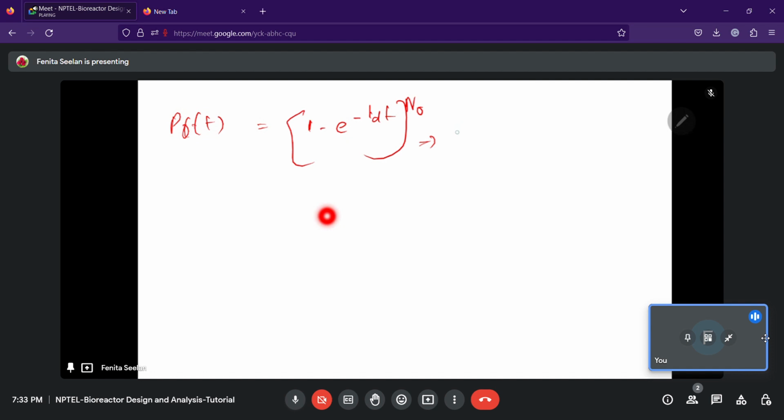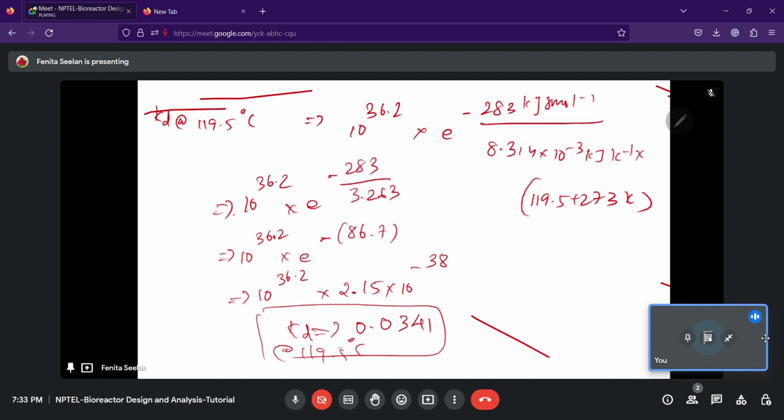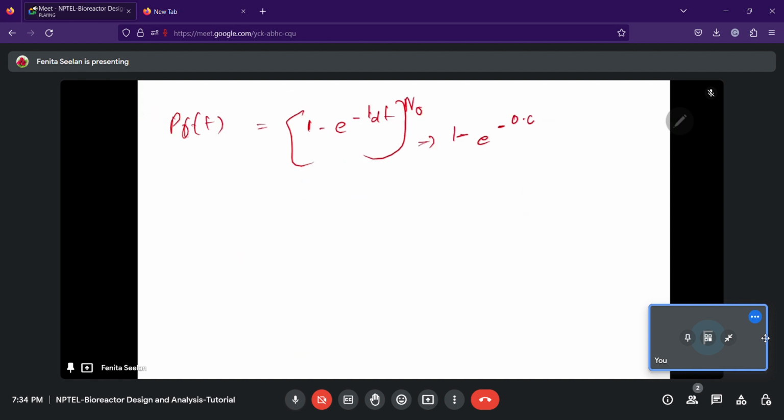With this new Kd, e power of minus, what is this? 0.0341. What is the answer? Into 20, right? Your time.